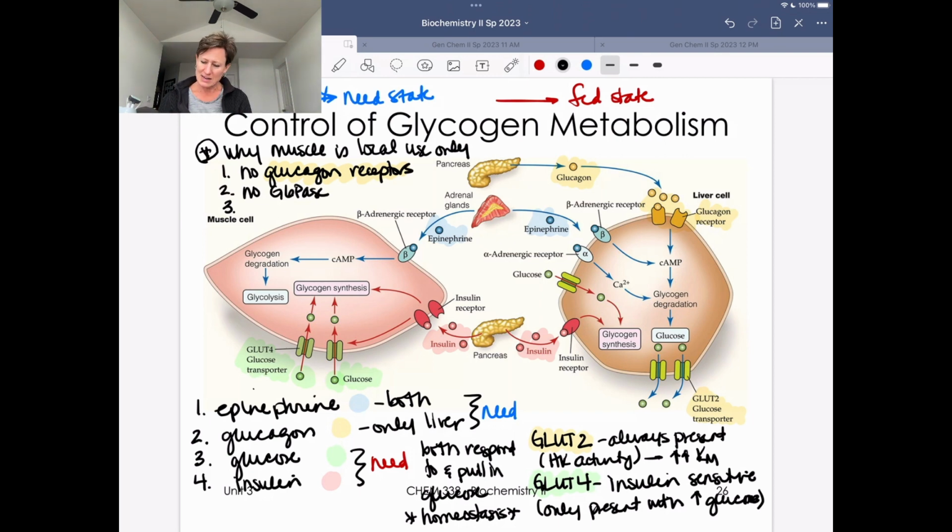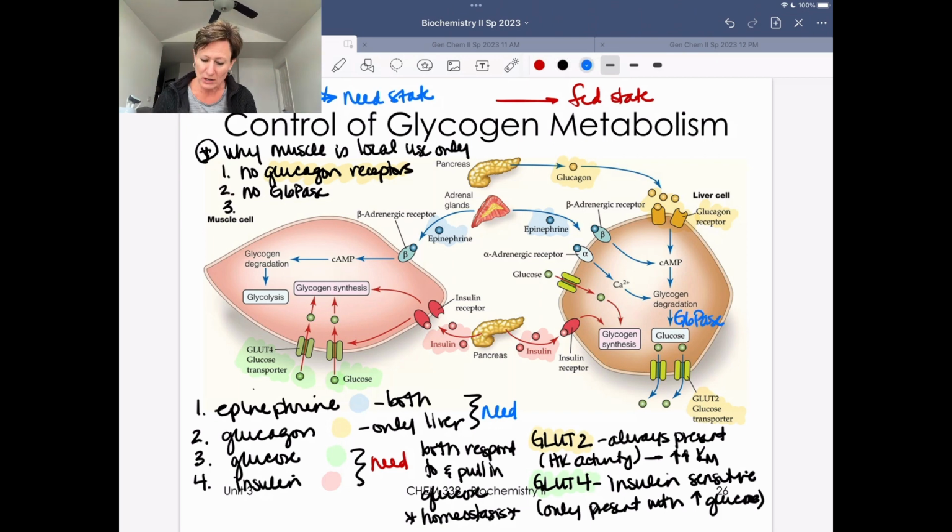So let's take a second and look over at what happens in the liver cell. If we are responding to glucagon, we've got other videos that go through the details of what happens with these arrows. We're going to activate adenylate cyclase to increase cyclic AMP. Cyclic AMP is going to initiate the PKA phosphorylation cascade that ultimately breaks down glycogen into G6P, but then we are going to have G6Pase.